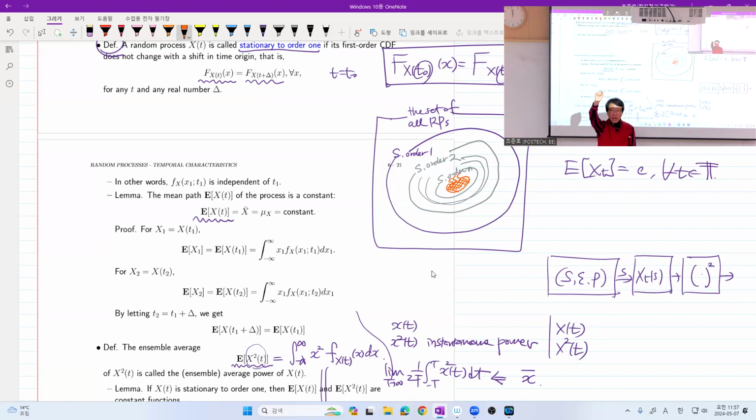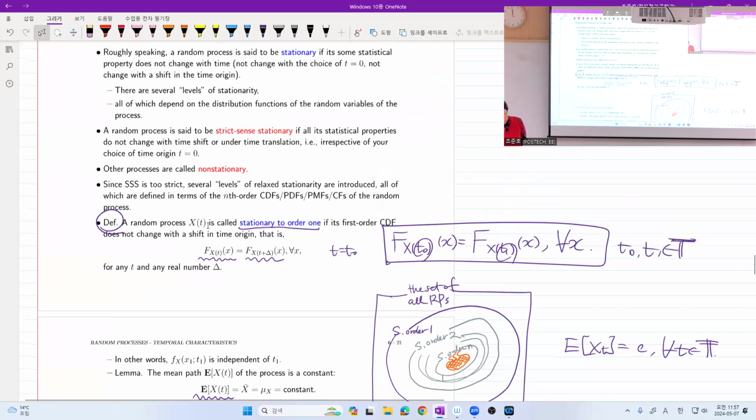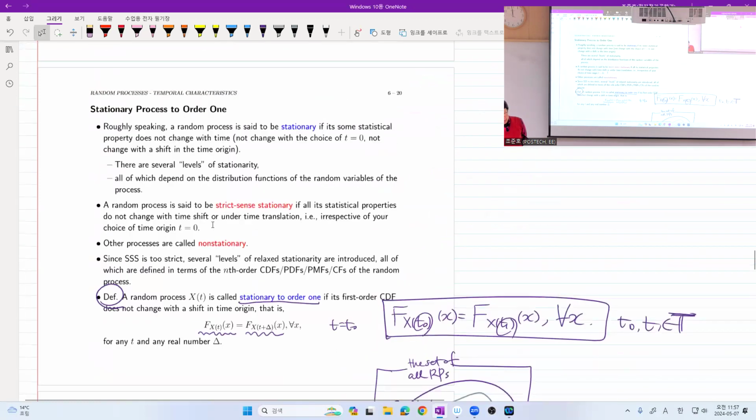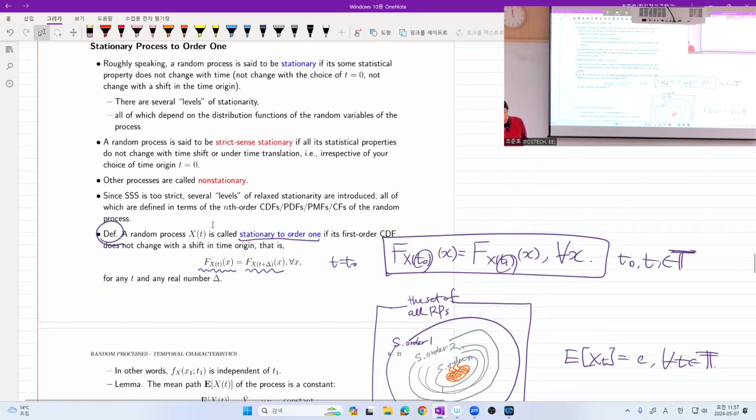For any n sampling instances, if you shift the time origin, they do not change. In that case, it's stationary. Got it? So we've defined strict sense stationarity and stationarity to any order.